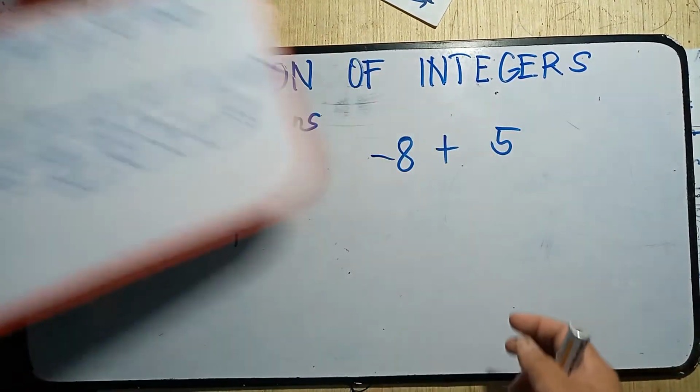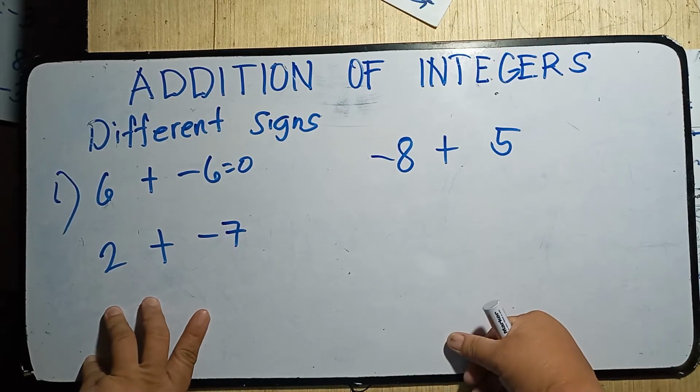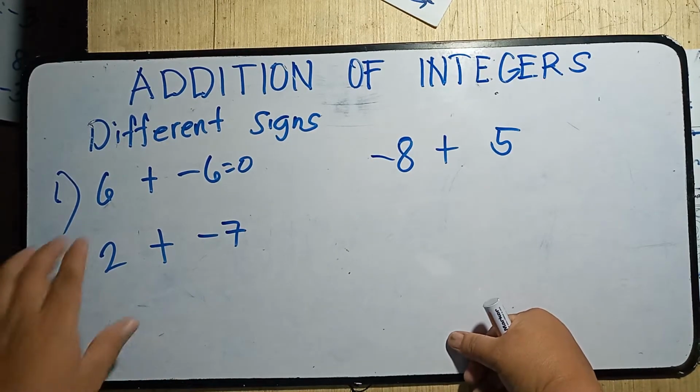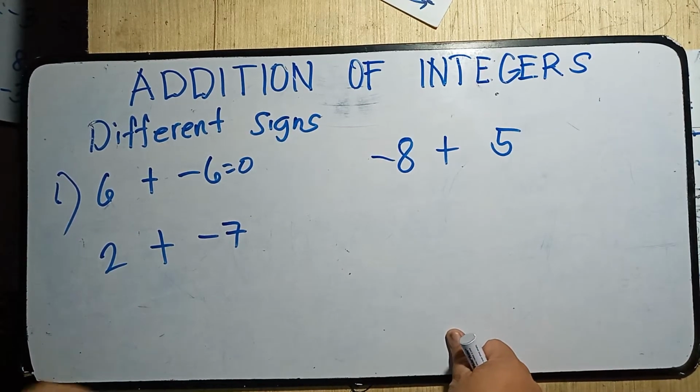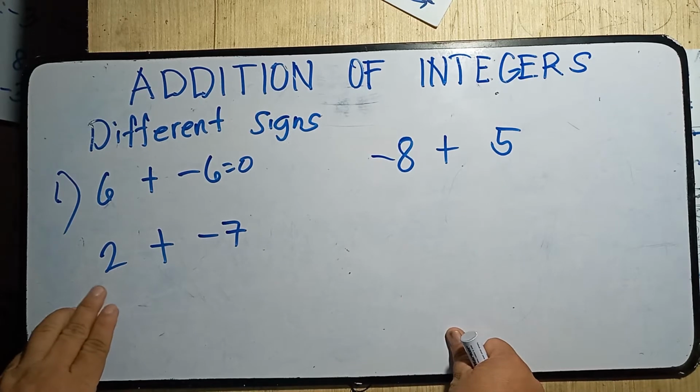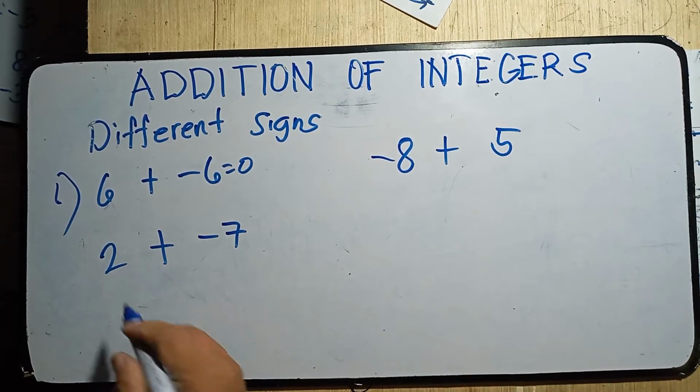Now, let us use this in adding integers having different signs. Now, 2 plus negative 7.